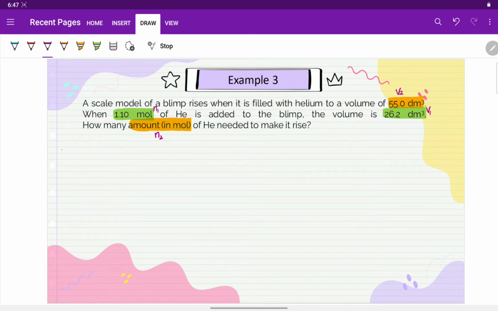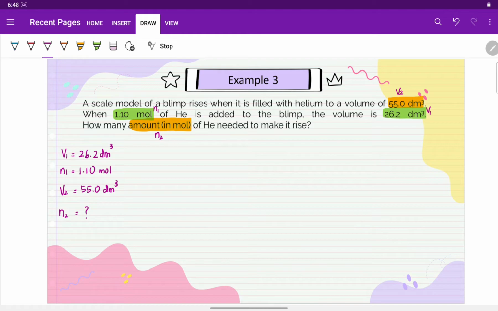Okay, so V1 equals to 26.2 decimeter cube. Okay, N1 equals to 1.10 mole. Okay, V2 equals to 55 decimeter cube. Okay, and then N2 is equals to, yang kita nak cari.